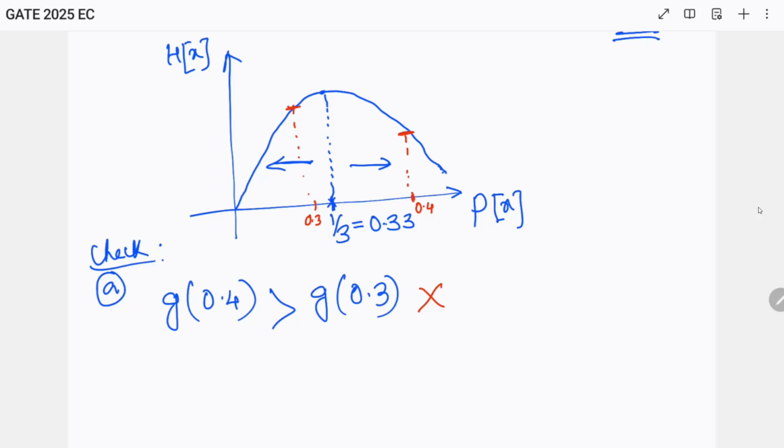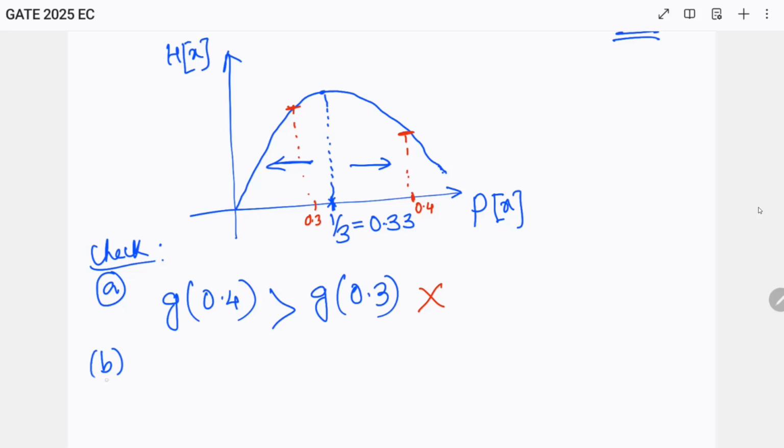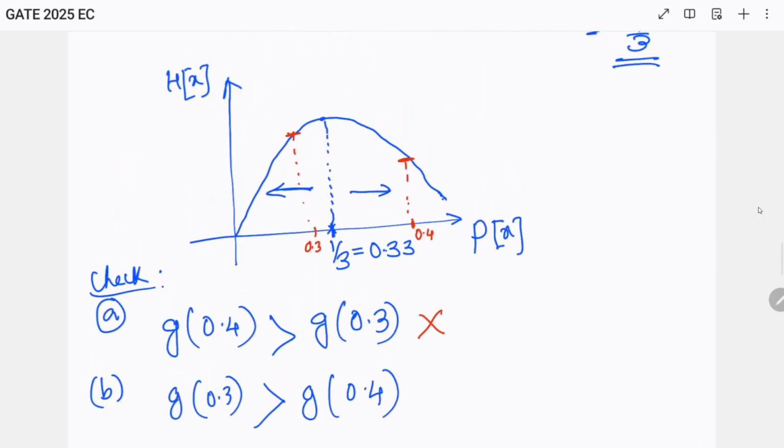Correct. Let me check option B. Option B: g of 0.3 is greater than g of 0.4. 0.3 is here and 0.4 is already here, so this statement is true.